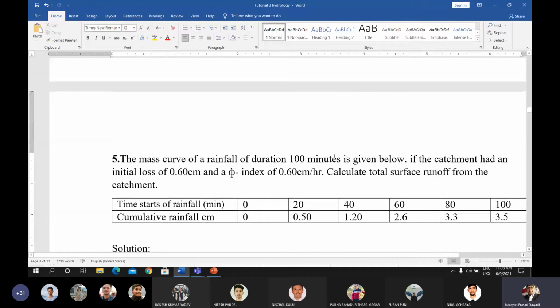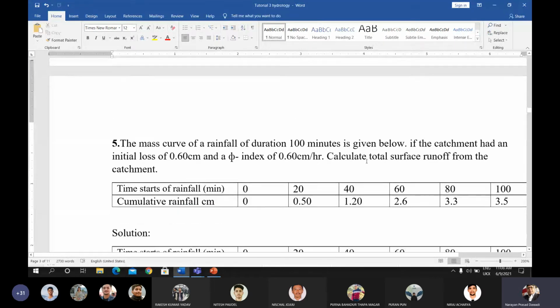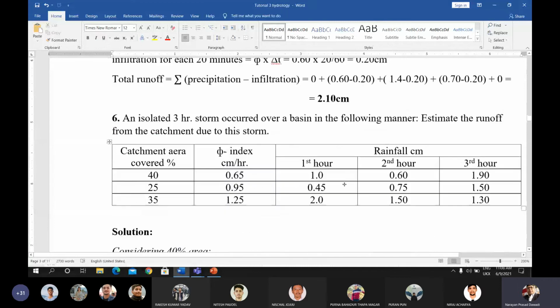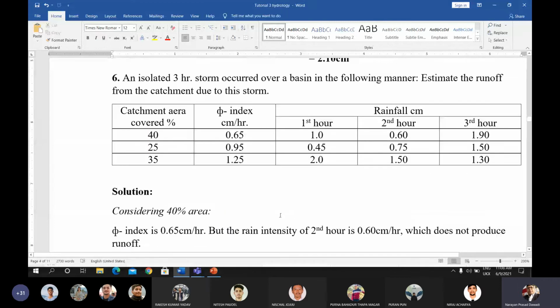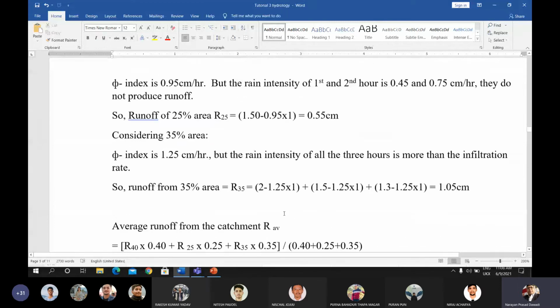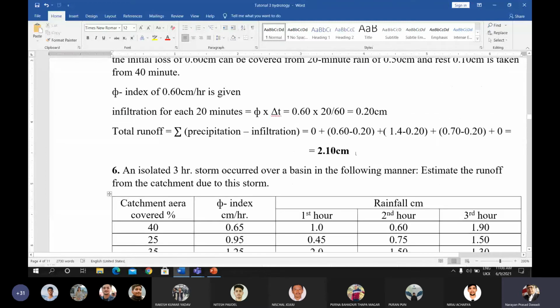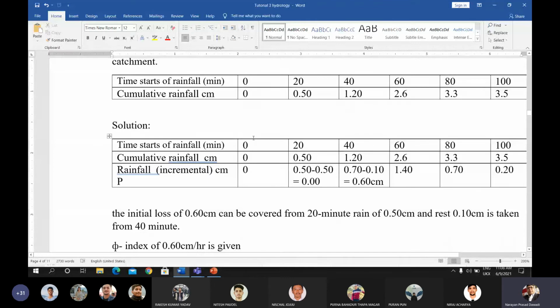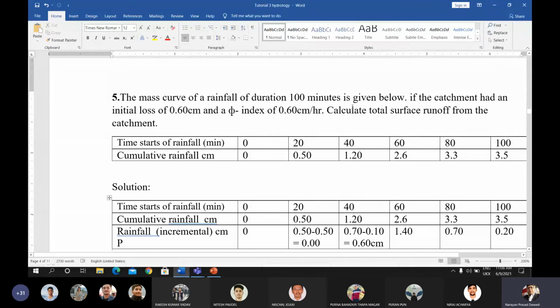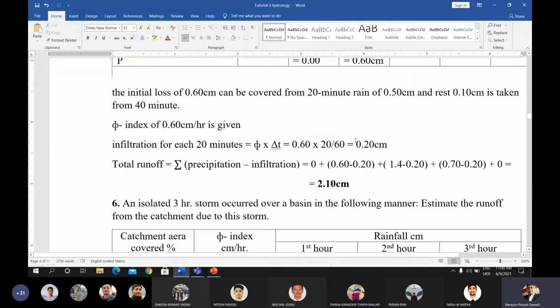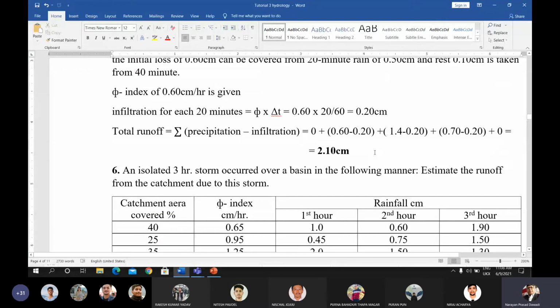If you are provided with the area of the catchment, you can calculate the volume of the runoff by multiplying this depth with the catchment area. Okay, if in this question a catchment area is given, then you can find the volume of surface runoff by multiplying this depth by the catchment area in terms of cubic meter.